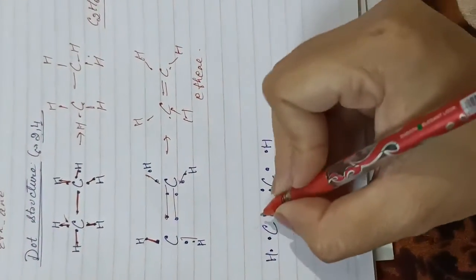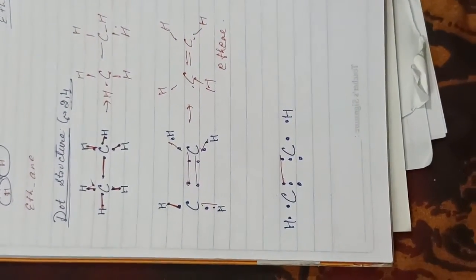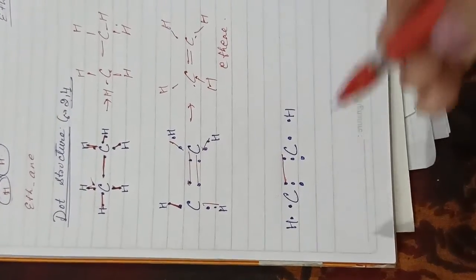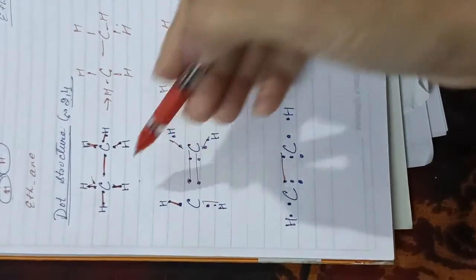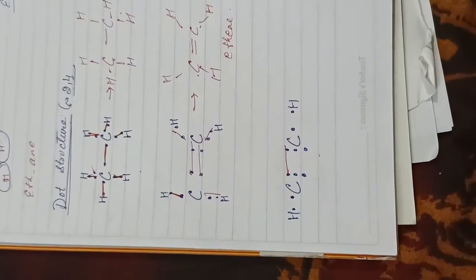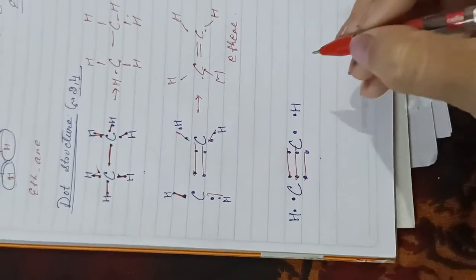Again, use your mind about where you have to put a dot. If I put the dots like this, it will not form 3 bonds. So it is up to us how we make these dots. 1, 2, 3. Fine.